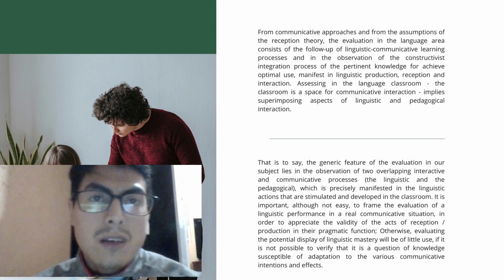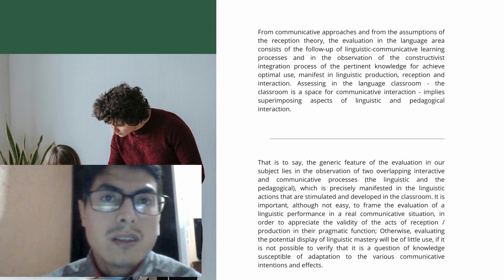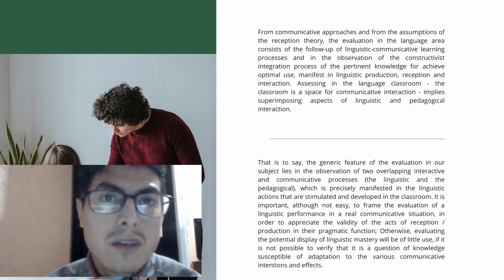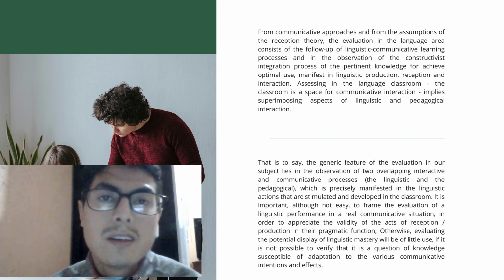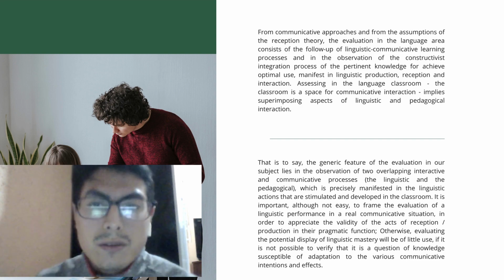Assessing in the language classroom. The classroom is the space for communicative interaction. It treats cognitive aspects, linguistics, and interactions.